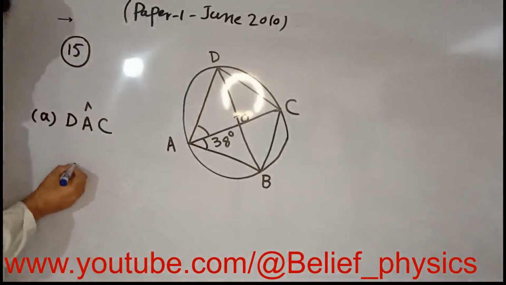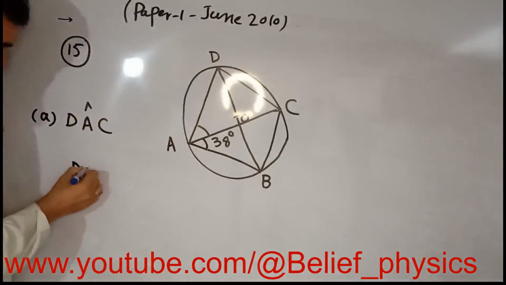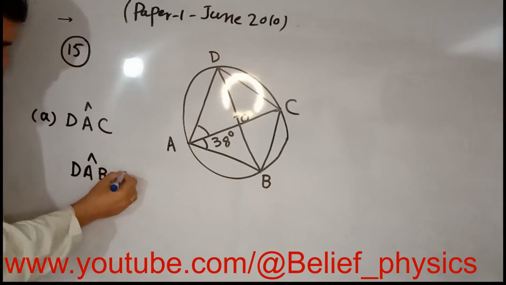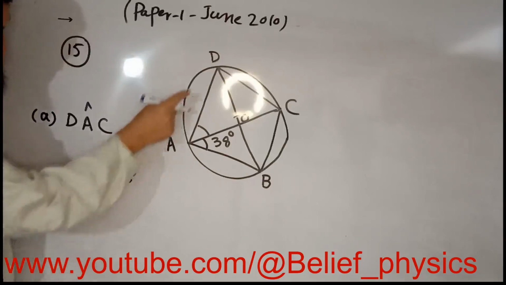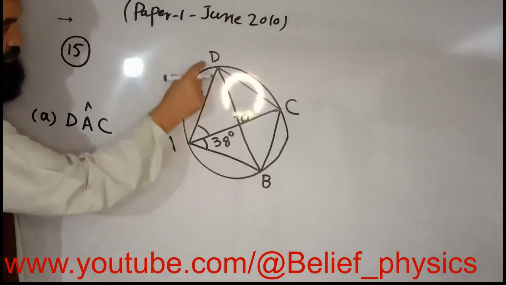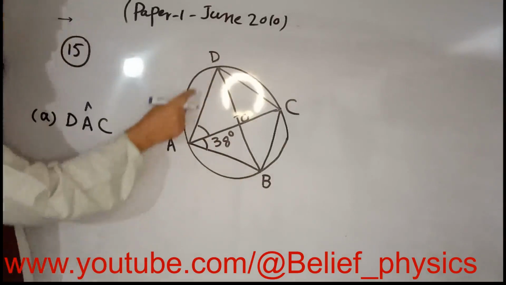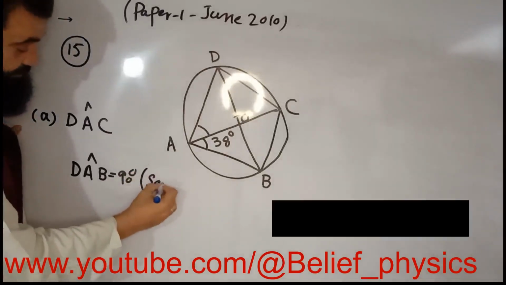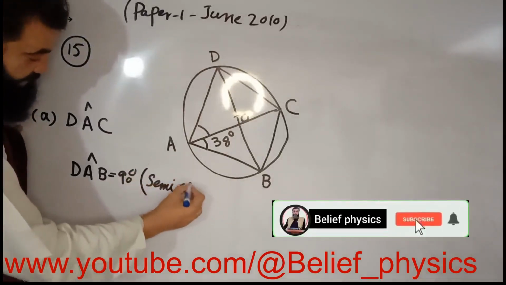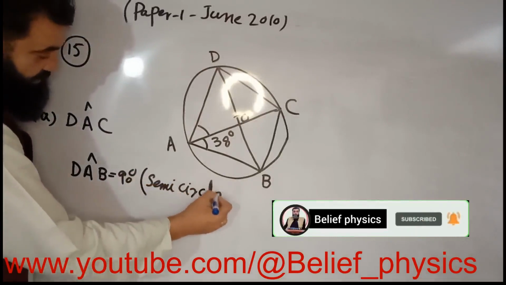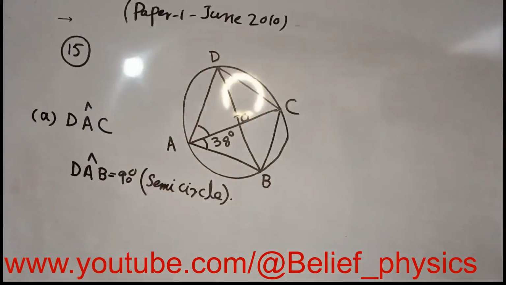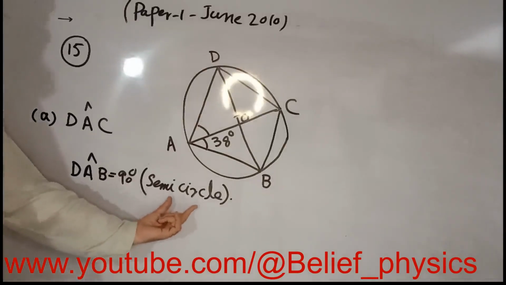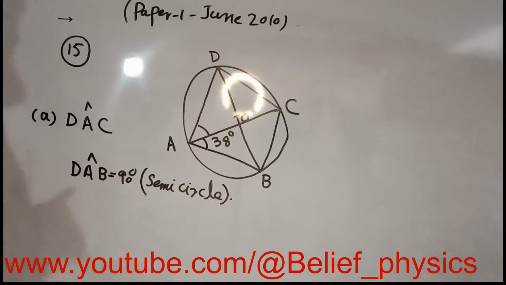We will write the reason: angle in semicircle. The reason is necessary to mention. If you don't mention the reason here, you will not get full marks.